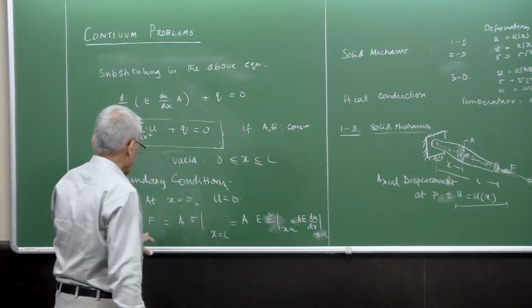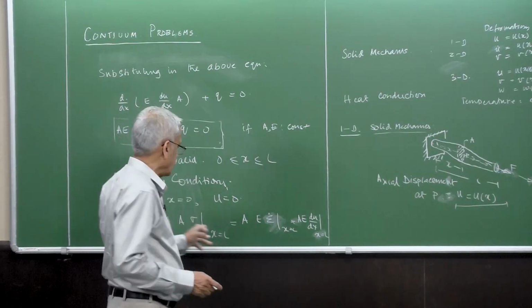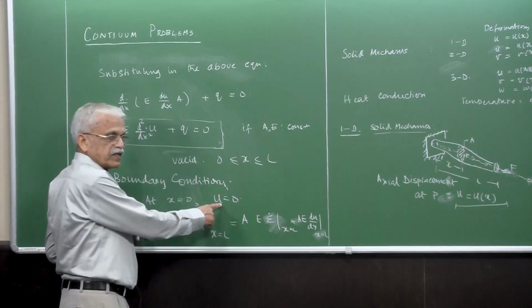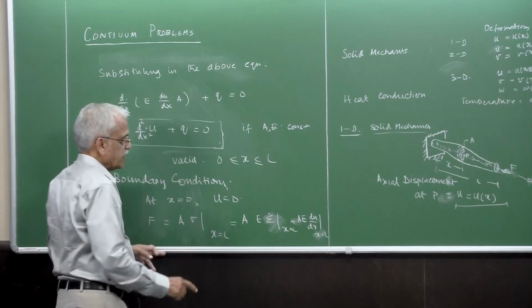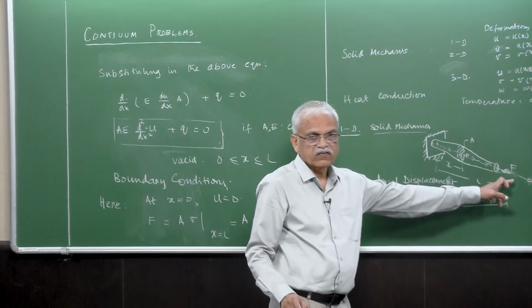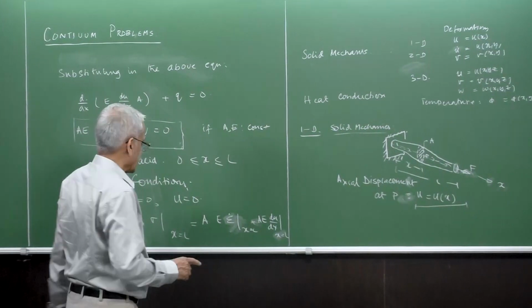Understand? So that means there are two boundary conditions. At x is equal to 0, we have the deformation u is equal to 0. At x is equal to L, we have an applied concentrated force F, which should be related to the stress at that point.